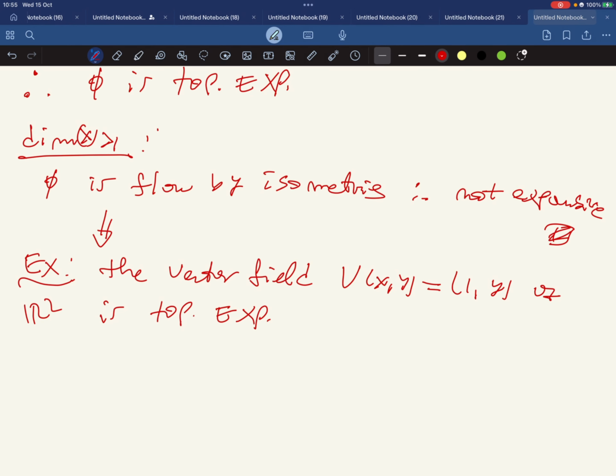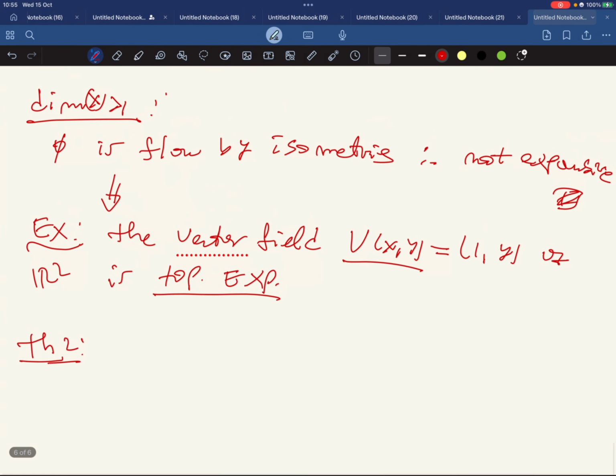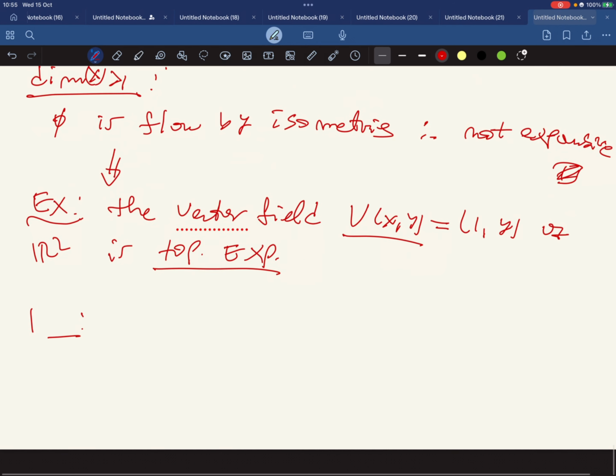This example implies this, because the flow generated by the vector field will be a translation. Okay, that's why topological expansivity appeared, because of the previous example. And now I will state the second theorem, which characterizes topologically expansive flows in terms of scaling expansivity. Okay, let me go to a different page.